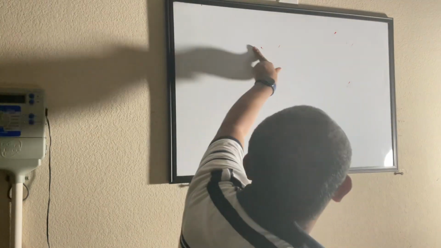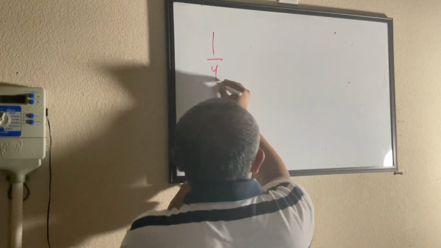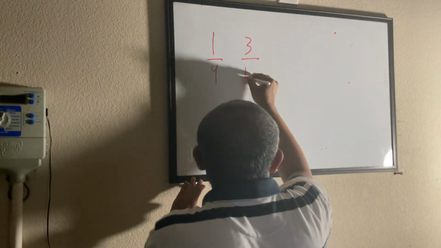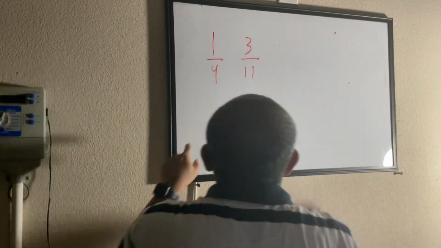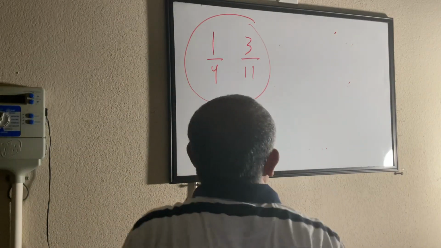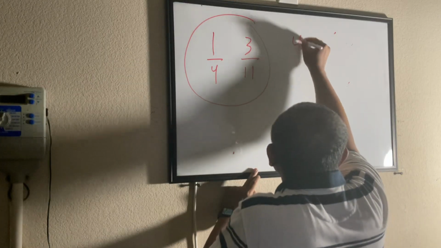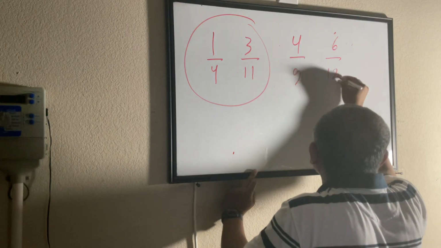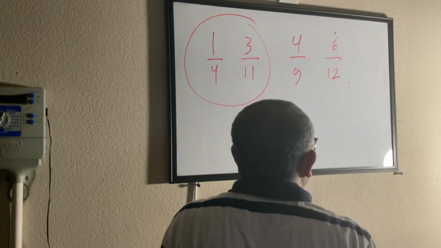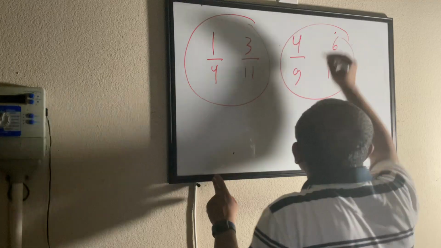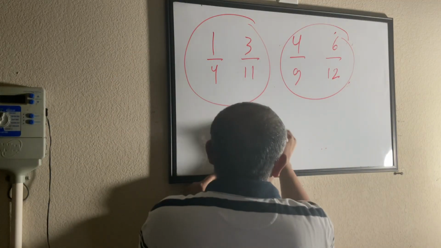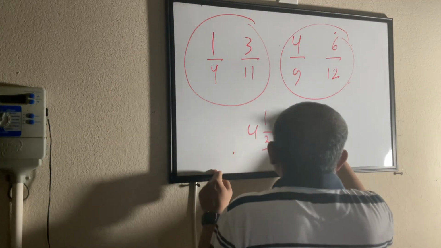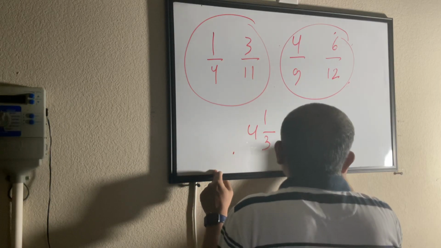Now I'm giving you guys problems to solve. In fact, three. First: 1 by 4 and 3 by 11. Tell me which one is bigger and smaller. Second one is 4 by 9 and 6 by 12. Tell me which one is bigger or smaller. And third one is 4 1 by 3 and 1 by 2.